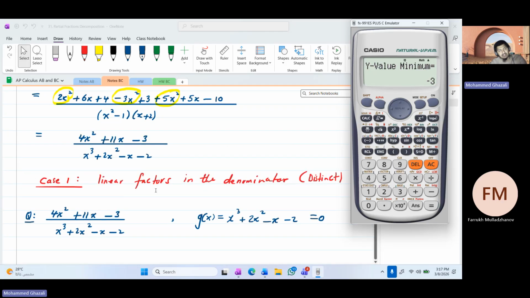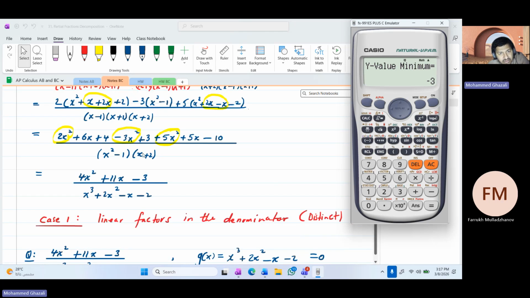Why is it giving us these answers? 1 plus 2 minus 1 minus 2. Did we open up this incorrectly? That's x cubed plus 2x squared minus 1x minus 2. So what's the issue here?